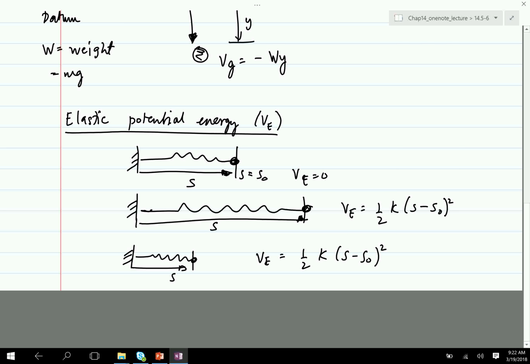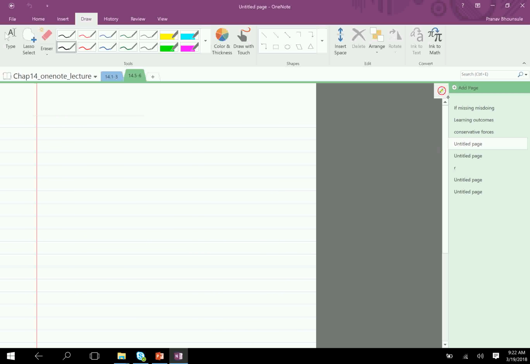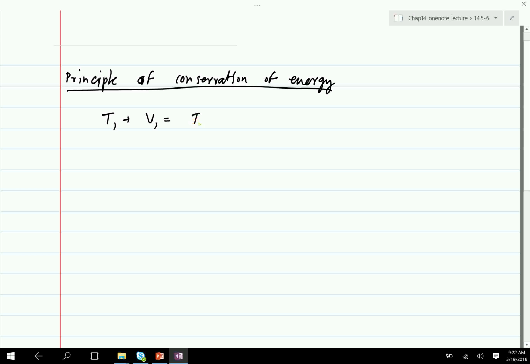So the potential always has the opposite sign to that of work done. Okay, last thing before we start solving problems. So there's something called principle of conservation of energy, okay, which states that T1 plus V1 is T2 plus V2.